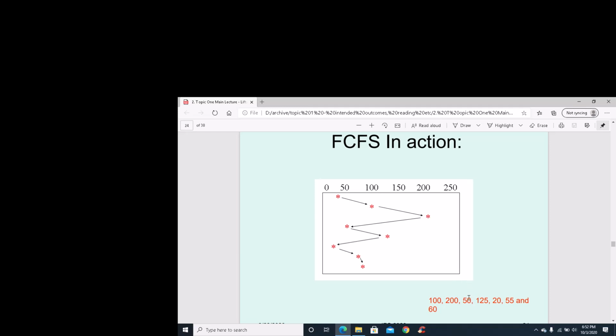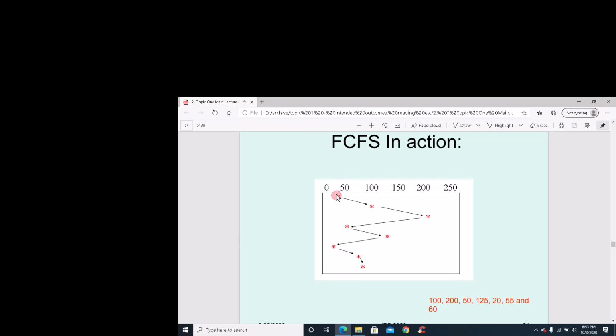And the third request is to do something with cylinder number 50. So here we go. We have to travel from cylinder 200 all the way to cylinder 50. And then next I have to travel to cylinder 125, then back to 55, then 60 and so on.